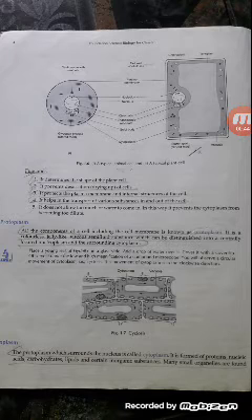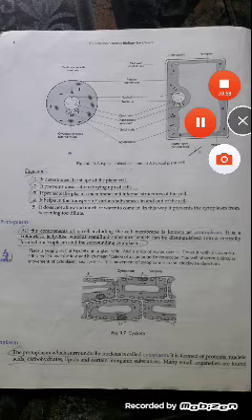Today we are starting the discussion about the cell wall. Plant cells have an additional protective wall outside the plasma membrane called the cell wall.